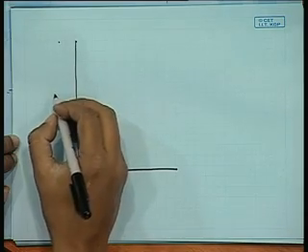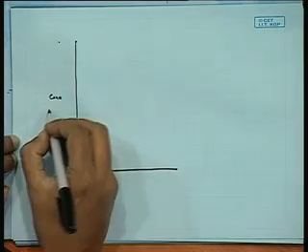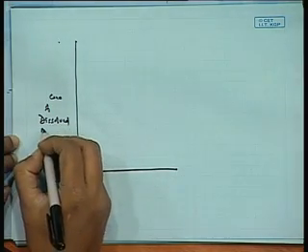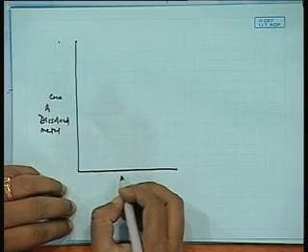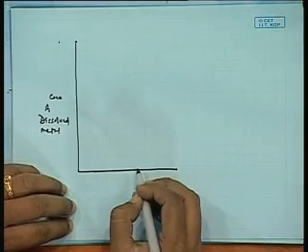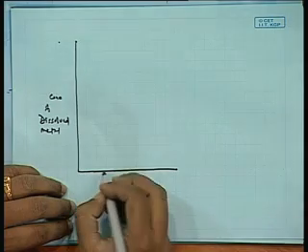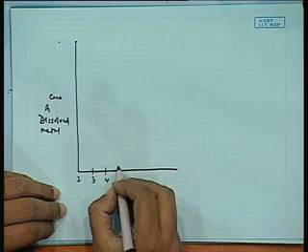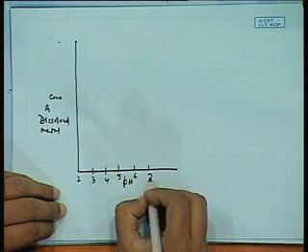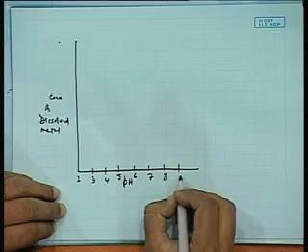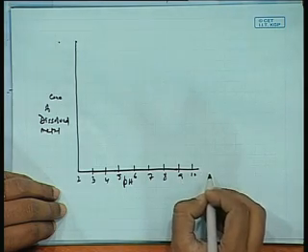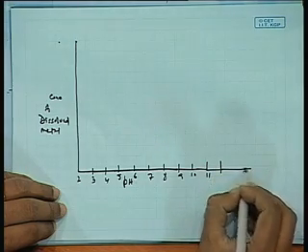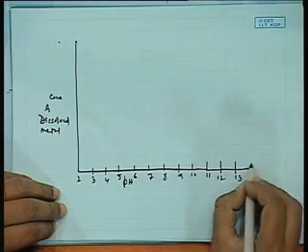It's the concentration of dissolved metal, and in terms of pH, we consider pH 2, 3, 4, 5, 6, 7, 8, 9, 10, 11, 12, 13 and 14.